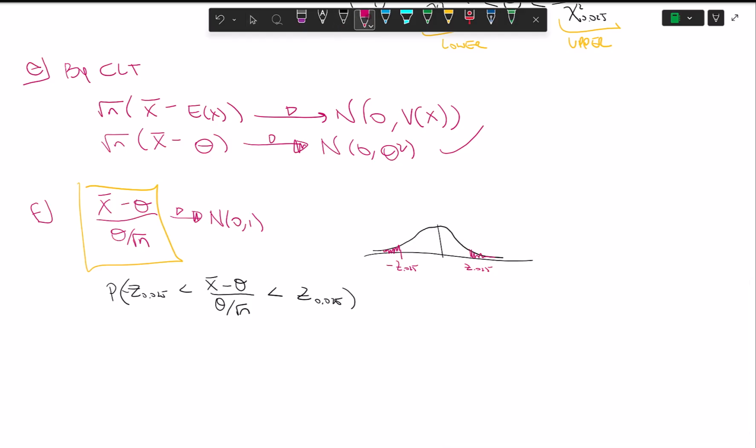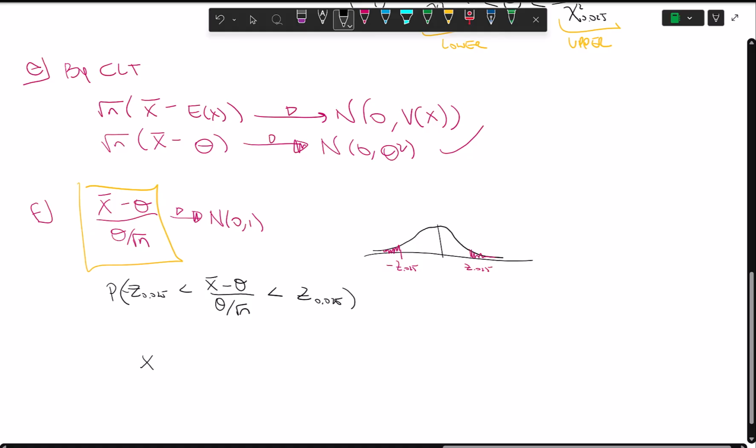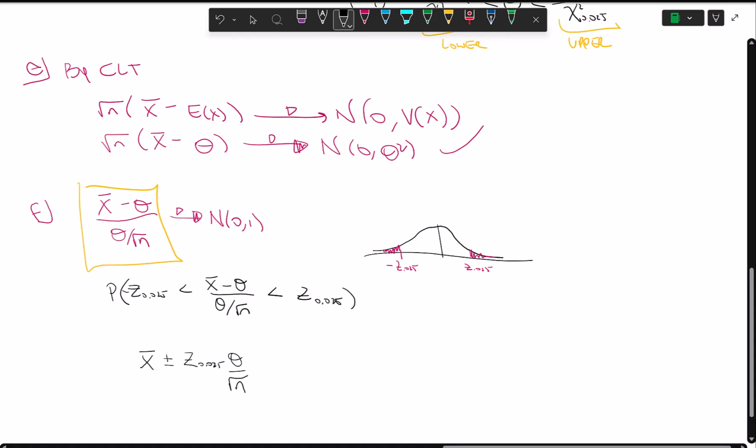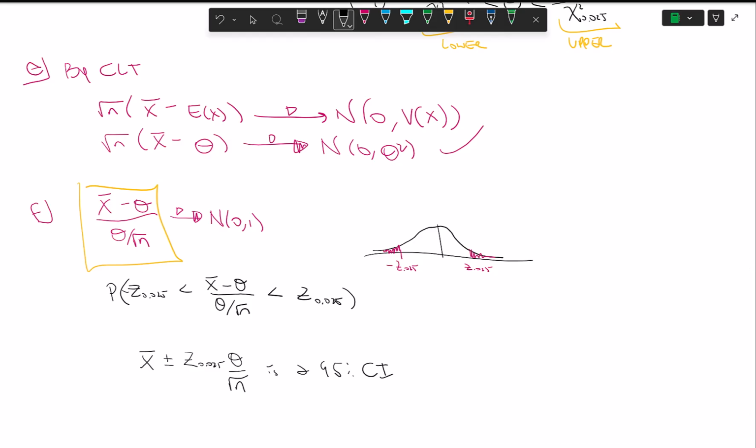All right, so we can solve for theta in the middle. Typically how this is done is the following. We can say this is x bar plus or minus z 0.025 times theta over radical n, which is a 95% CI for theta. You say, hey, that CI incorporates theta.